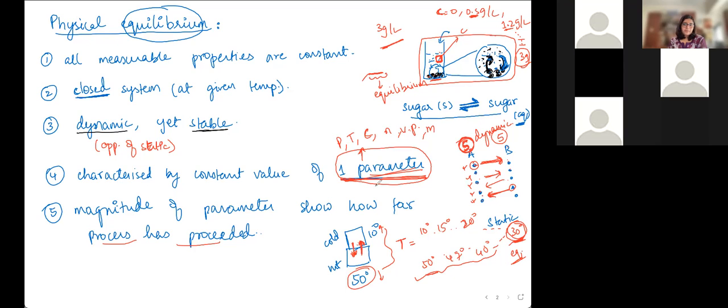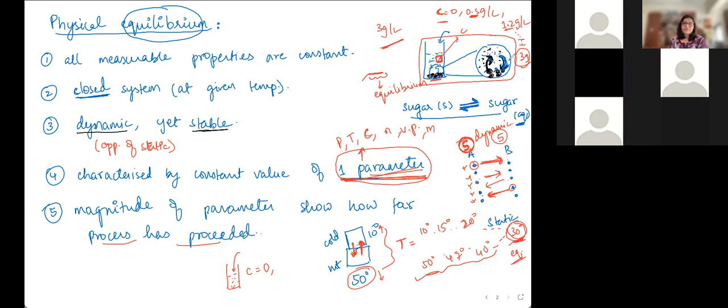So again, my parameter that I'm measuring to see whether equilibrium has set in or not is concentration. Again, imagine the process. A lot of imagination here, Kaveri. So initially, when there is no sugar, if I want to measure concentration of sugar, kitna value hoga? 0. Then I added some amount of sugar. तो concentration का value क्या होगा? 0.5.